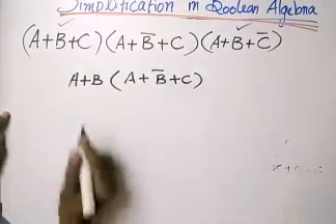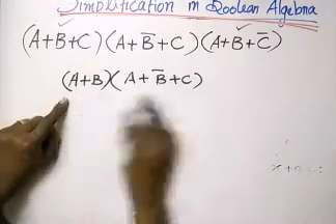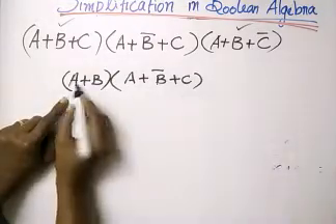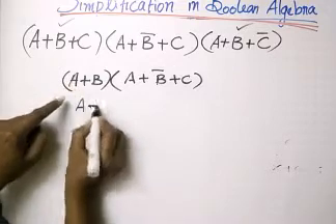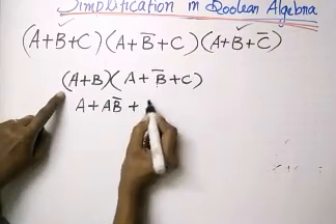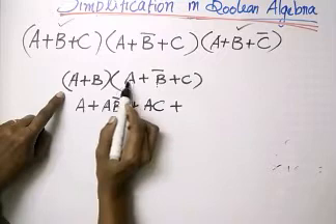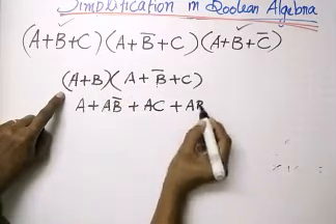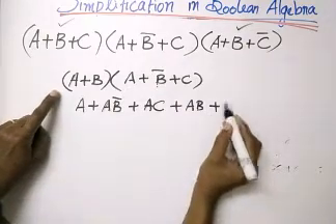Now multiply these terms. A into A is equal to A. Then A into B bar, AB bar. Then A into C, AC. Then A into B, AB. Then B into B bar is equal to 0, no need to write it.